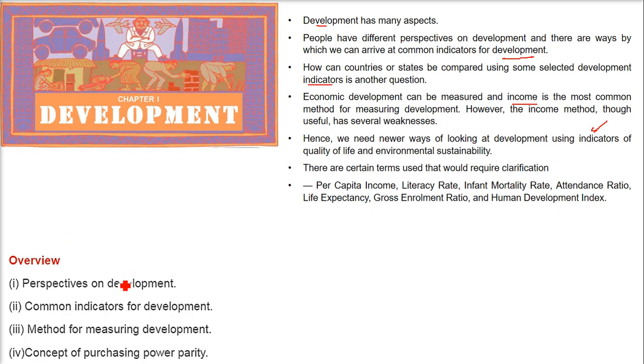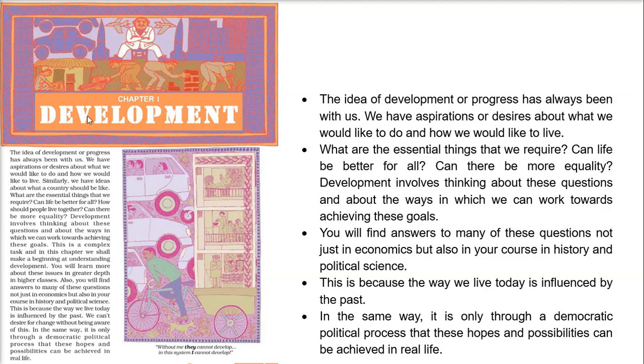What we are going to see here are the different perspectives or views on development, and what the common indicators, or kshetrak, for development are, and how we can measure development, because this is a word and we need to find something to measure it. And then what is the concept of purchasing power and the parity between purchasing powers.